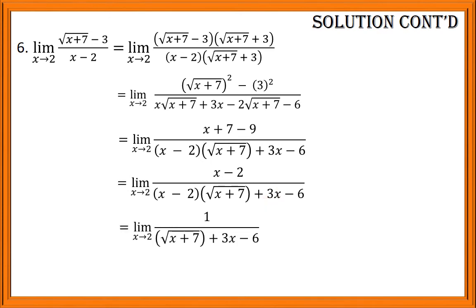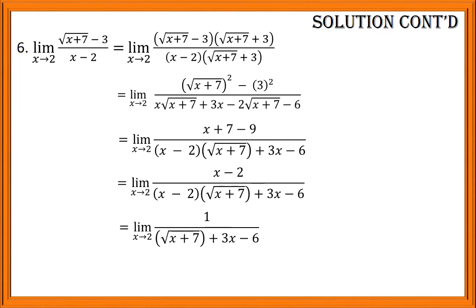So we have common terms on top and down here. So x minus 2 will cancel x minus 2, leaving 1 over root of x plus 7 plus 3x minus 6 as x approaches positive 2.